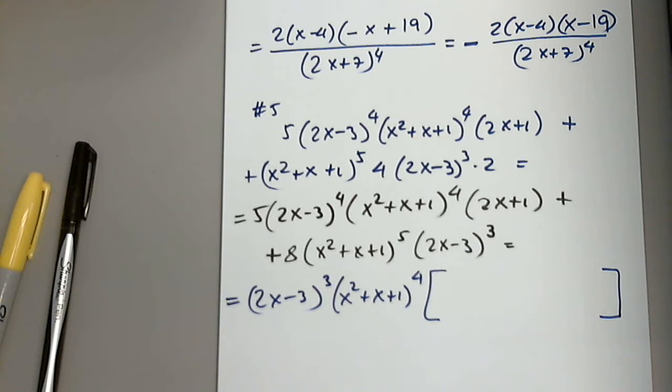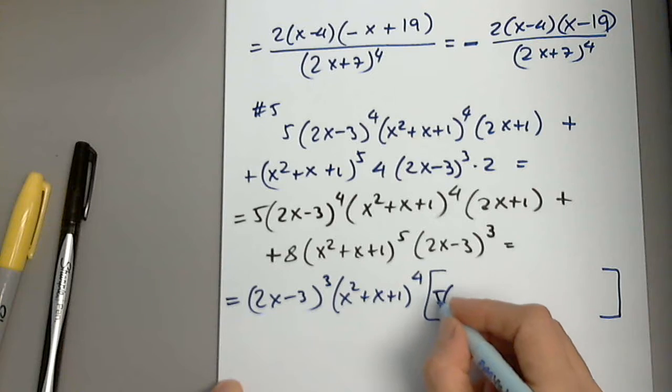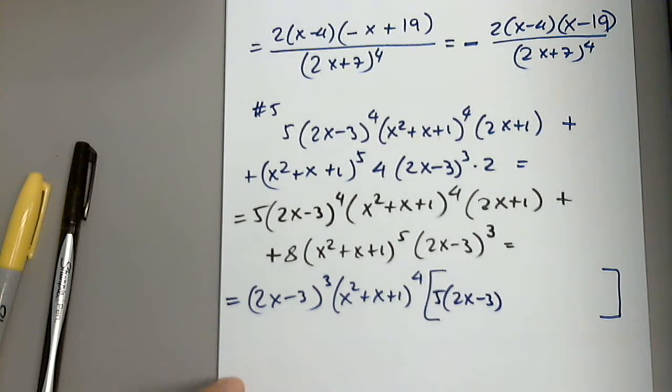From the first term, we have a 5 left. So I have to have a 5. Then from 2x minus 3 to the 4th, I only removed 3 of those. So what is left in brackets? 2x minus 3. So there is a 5, and there is a 2x minus 3.